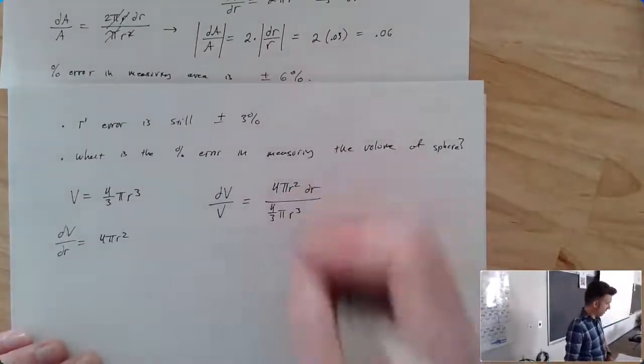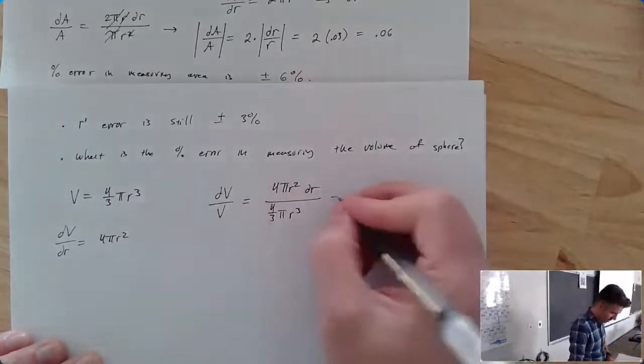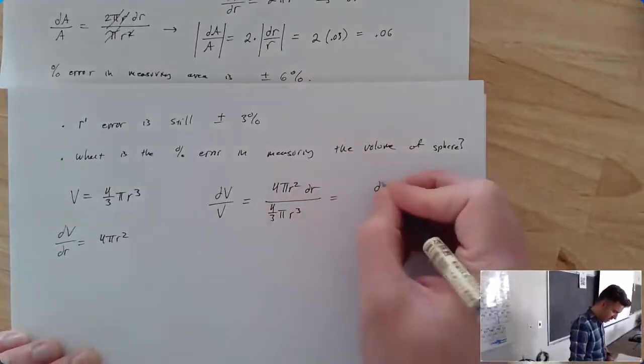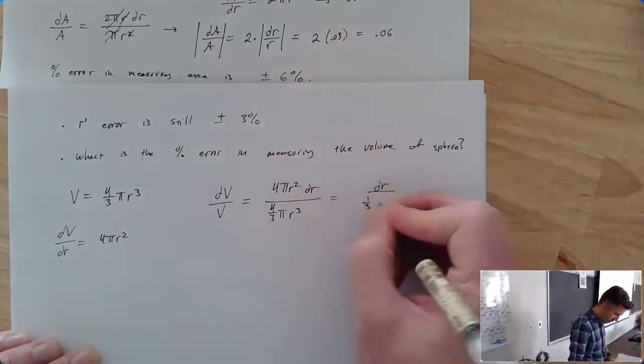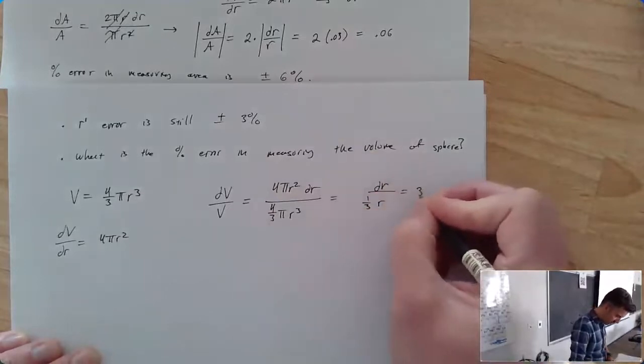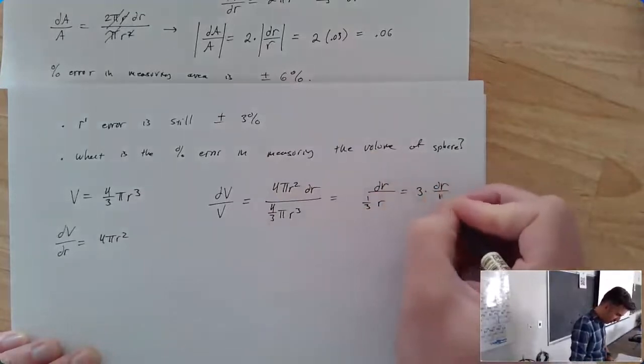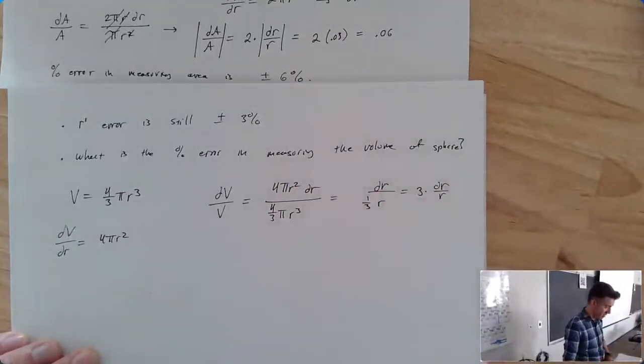Pi's cancel, r squareds cancel, 4's cancel, and you're left with dr over 1/3 r, or if you prefer, 3 times dr over r. Oh, but dr over r is that 3%.